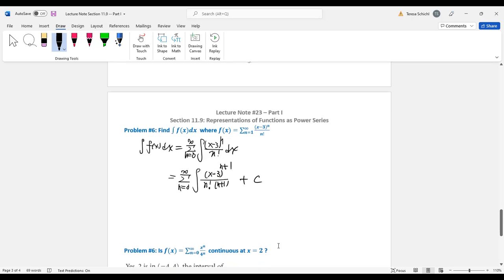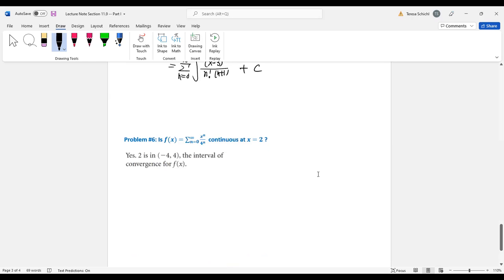Okay, now the last one here. They ask, if I have a power series, the sum of x to the n over 4 to the nth power, is it continuous at 2 or not? All right, so the answer here is yes, it is continuous at 2. It's because the interval of convergence is from -4 to 4, right?